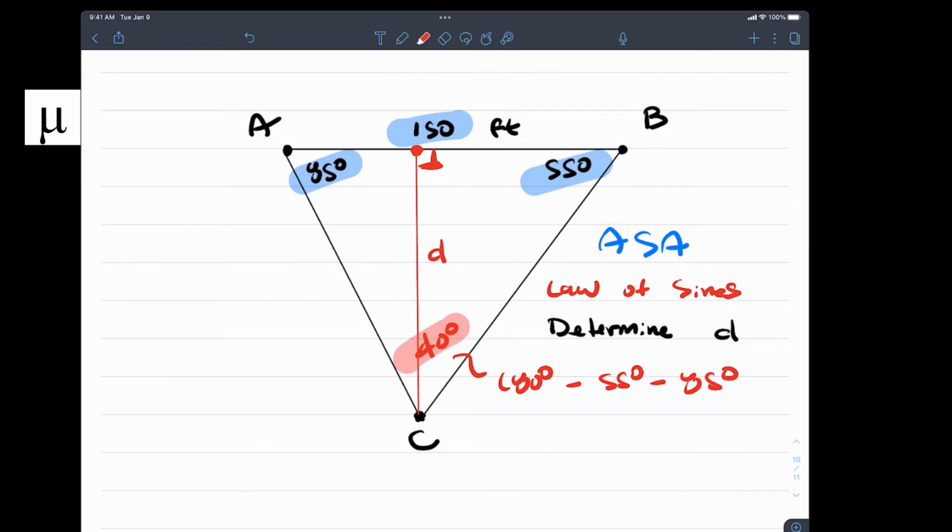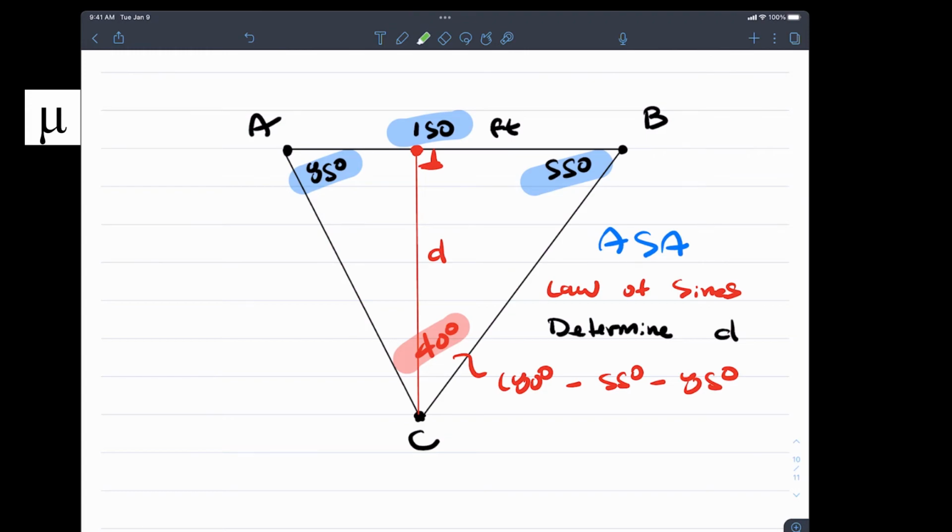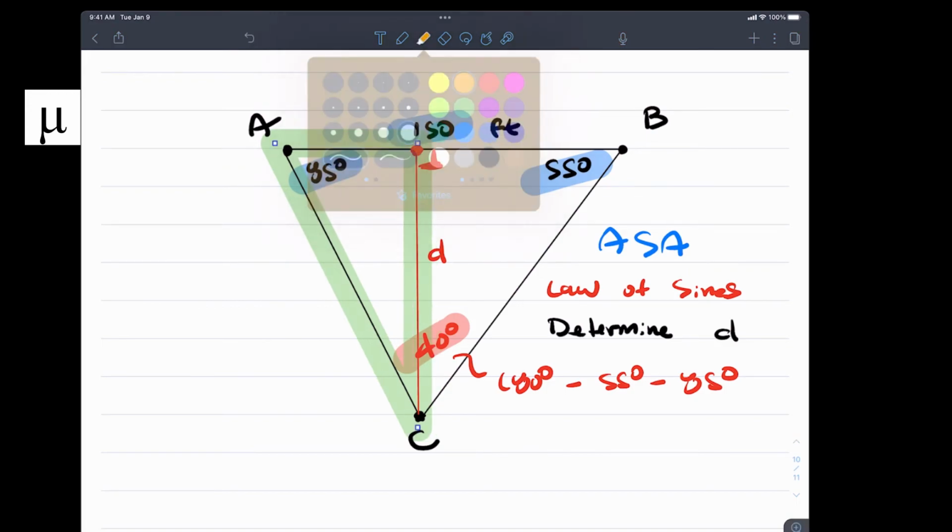Now, why is that important to know? Anybody want to tell me? Well, yeah. So pick a right triangle. Here's a right triangle on the left.